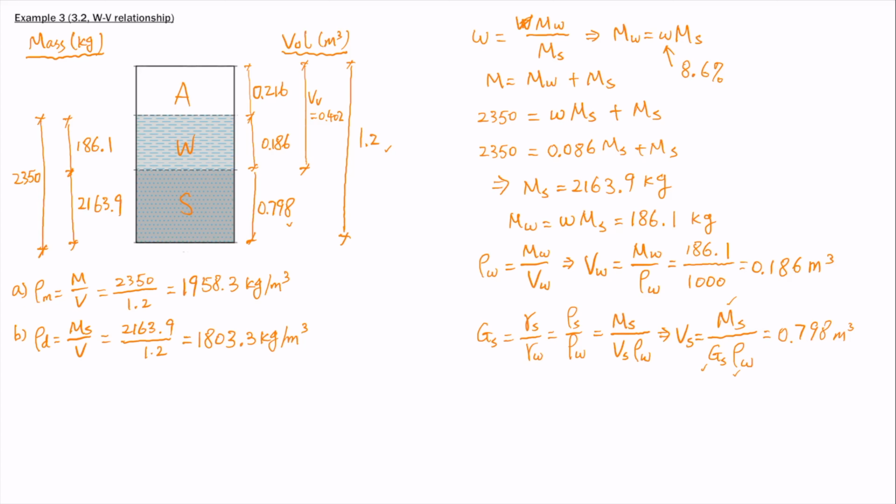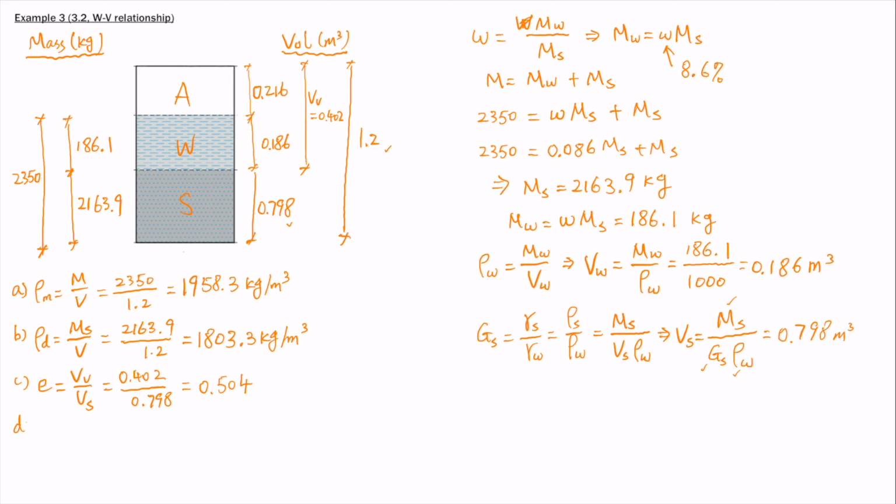And then part C is the void ratio. Void ratio e by definition is volume of voids over volume of solids. The volume of voids 0.402 divided by the volume of solids 0.798 gives us 0.504.